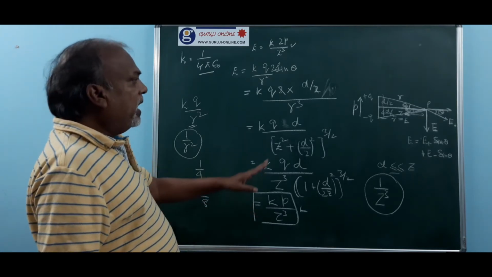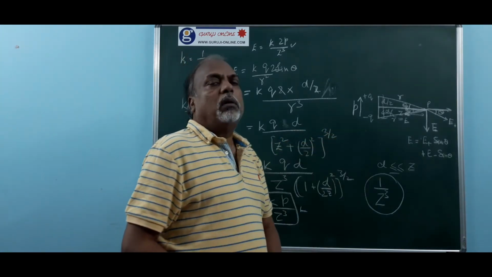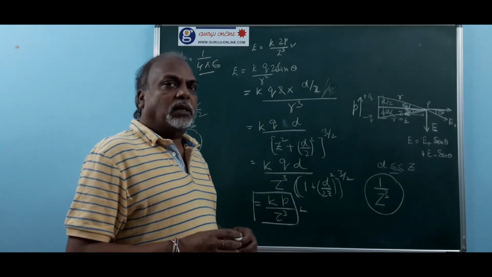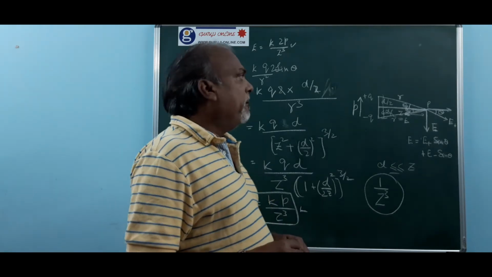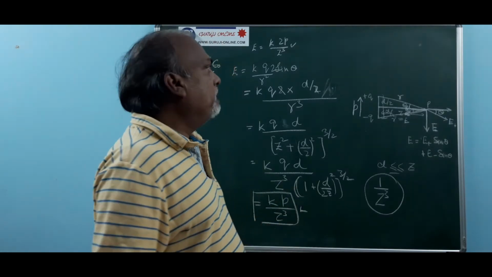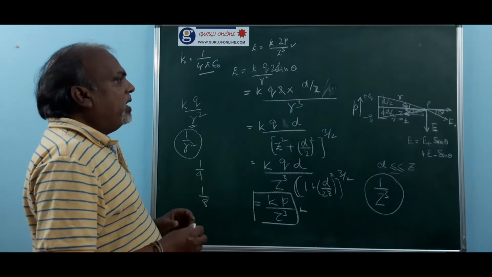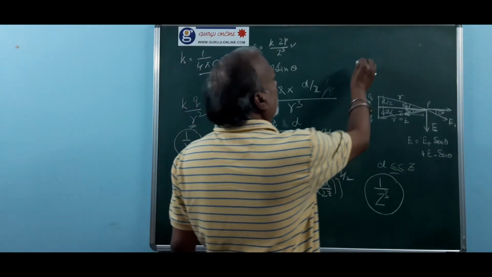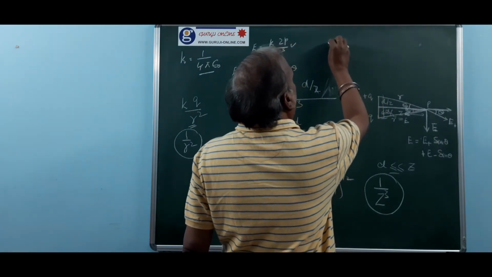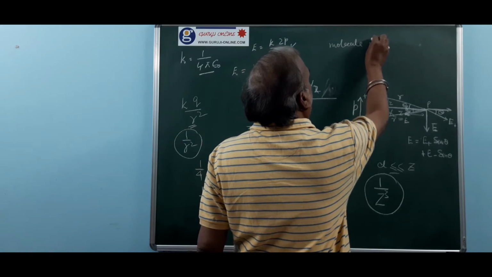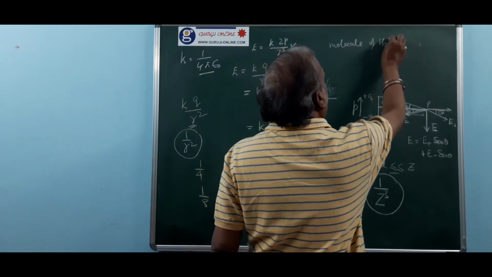So in case of dipole, the electric field decreases very rapidly in comparison to isolated charges. There is one practical application of this dipole moment also. You must have seen the molecule of H2O.